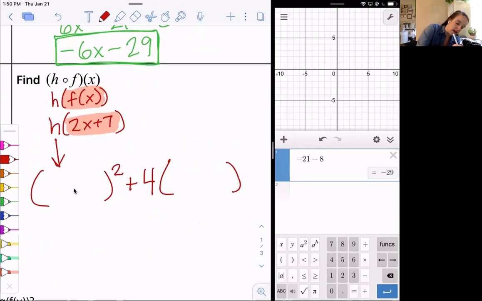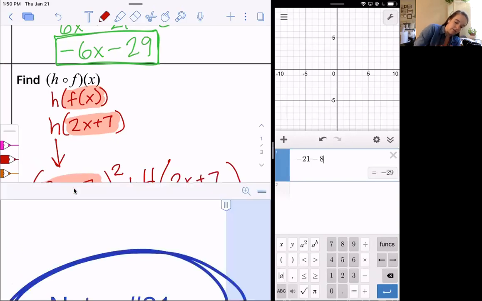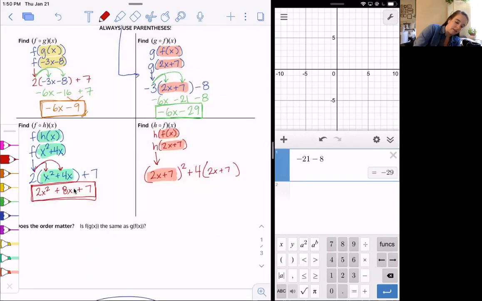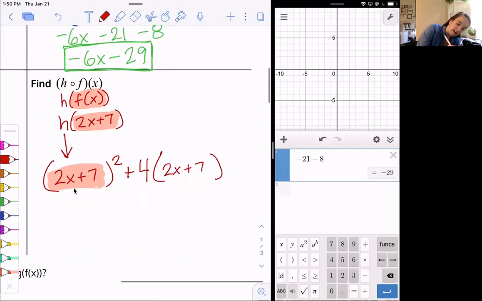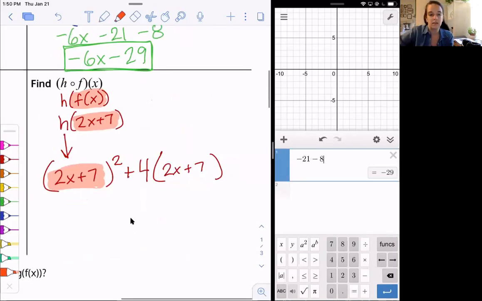So I'm going to put 2x plus 7 in here like this, and 2x plus 7 in here as well, in both of those places.